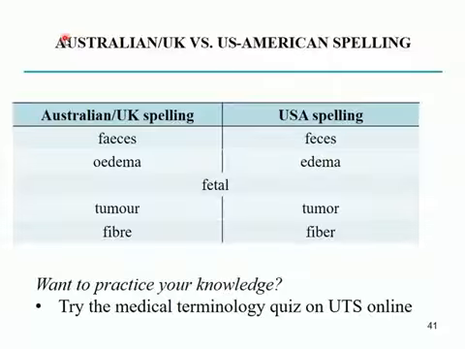These are countries that were once colonies of the United Kingdom, and that's contrasted with spelling used in the United States, and you can see some examples here. One which people often make a mistake with is fetal, which relates to the fetus. There really is no O.